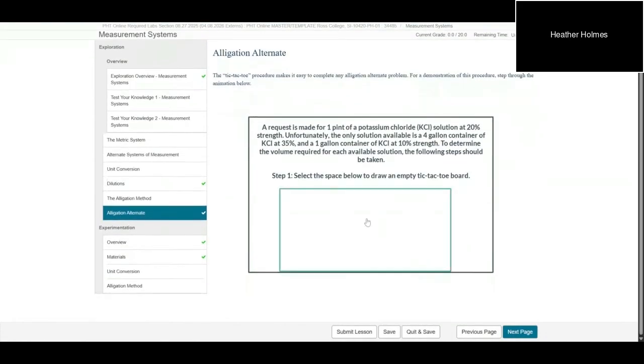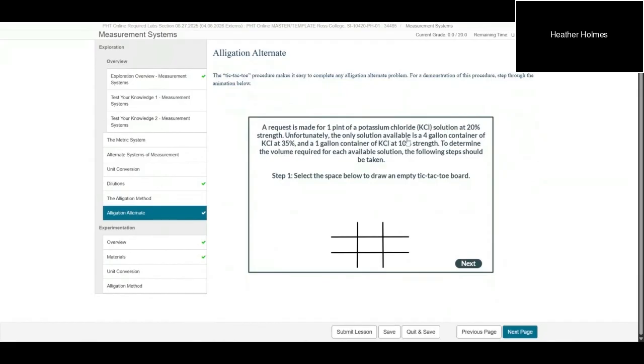So this is an example that they provide for you. It is interactive on how we will be using the alligation tic-tac-toe board method, and you're just able to click on it. In this scenario, you're requested 1 pint of potassium chloride solution at 20% strength.